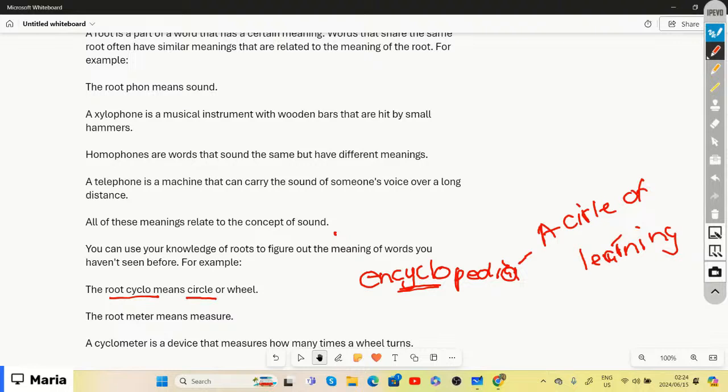All right. So encyclopedia. If we think of another word with cycling.